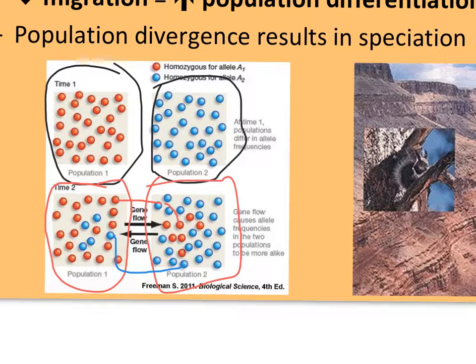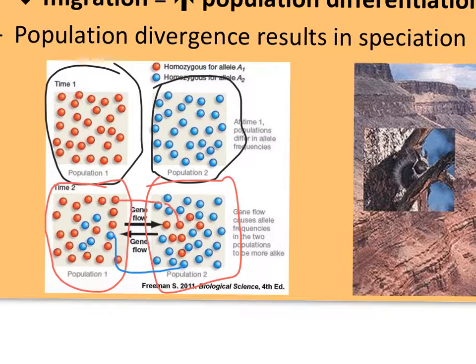Eventually, over time, if there's equal migration, the two populations will basically merge and create two subpopulations with lots of gene flow, and they'll all have about the same allele frequencies if you give it enough time.